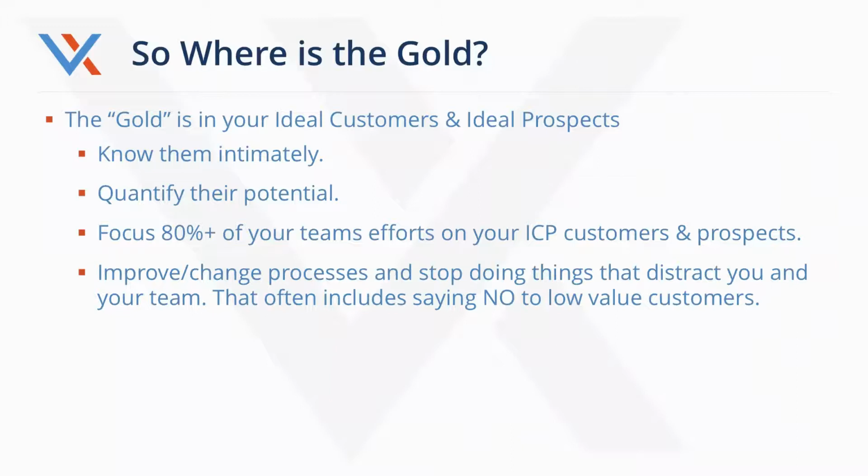And I don't just mean your leadership team or your sales team. I want your customer service people to know that. I want your shipping and receiving people to know it. I want your finance people to know it. I want the person who answers the phone to know it, because they're the ones interacting with your customers. And if they don't know which ones are the most important, they're going to treat them all the same. And hopefully they're going to treat them well.